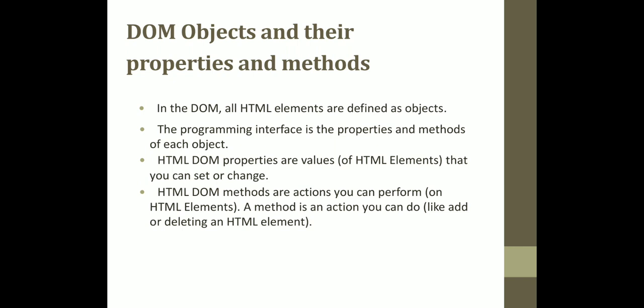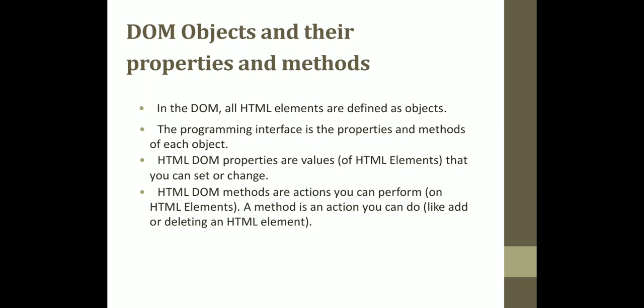So all HTML elements are defined as objects. The programming interface is the properties and methods regarding each object. What are HTML DOM properties? These are values that we can set or change.